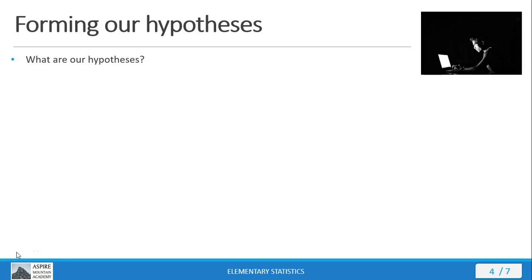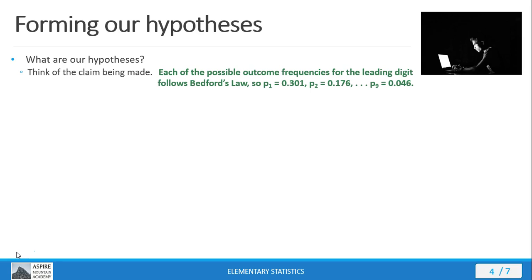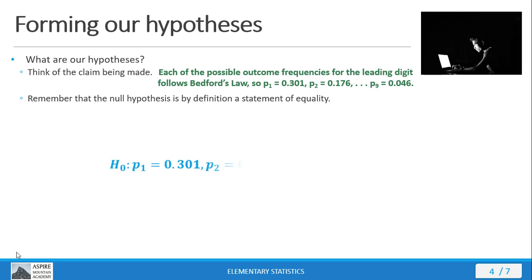What are our hypotheses? Think about the claim that's being made. The claim is that each of the different proportions follows Benford's Law. The null hypothesis is always a statement of equality, so we're going to say that each of the proportions is equal to its respective probability inside Benford's Law.